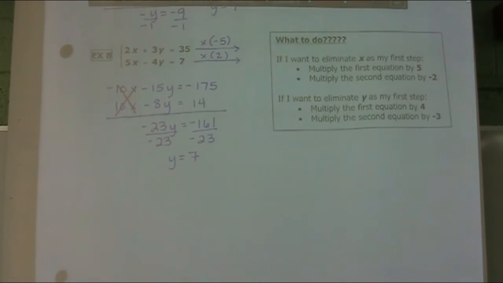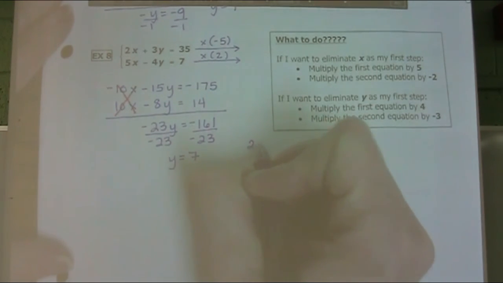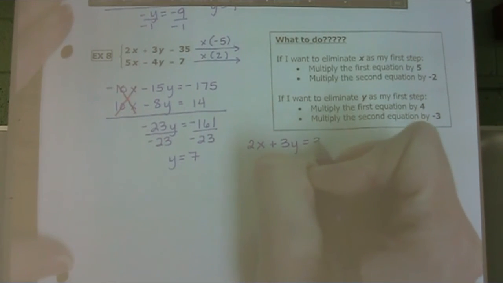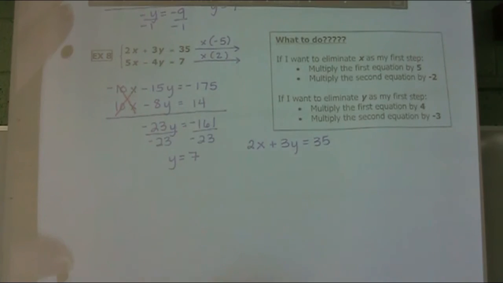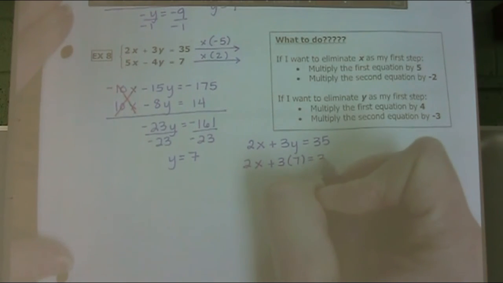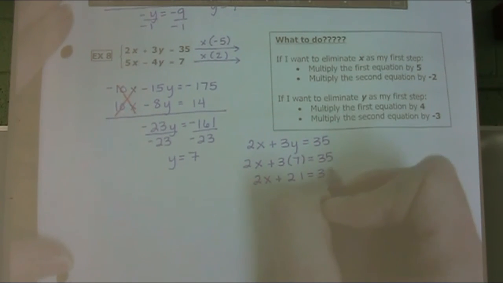Now I need to do my substitution to get my other variable, the x. Go back to either of your original equations, and we're going to use substitution. So I'm going to go back to 2x plus 3y equals 35, and I'm going to plug in 7 for y. So I have 2x plus 3 times 7 equals 35. This gives me 2x plus 21 equals 35.